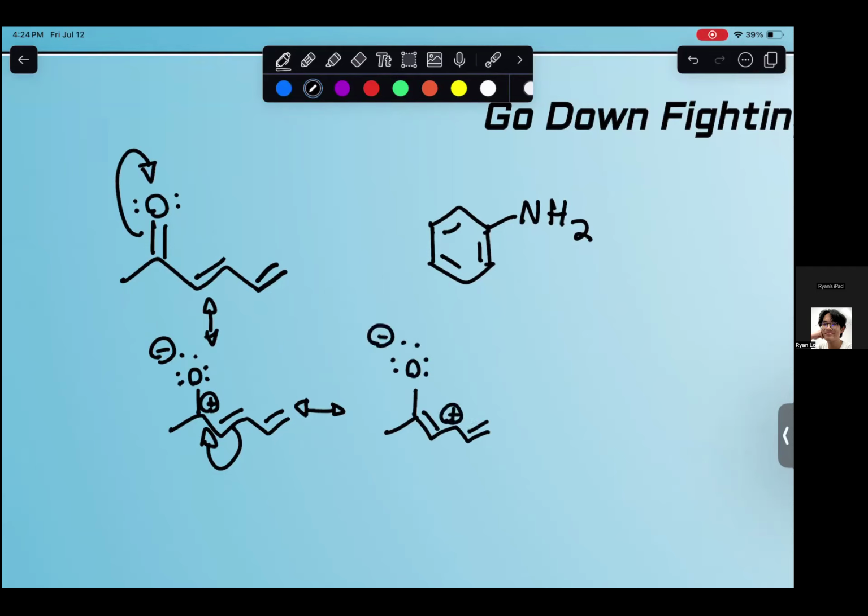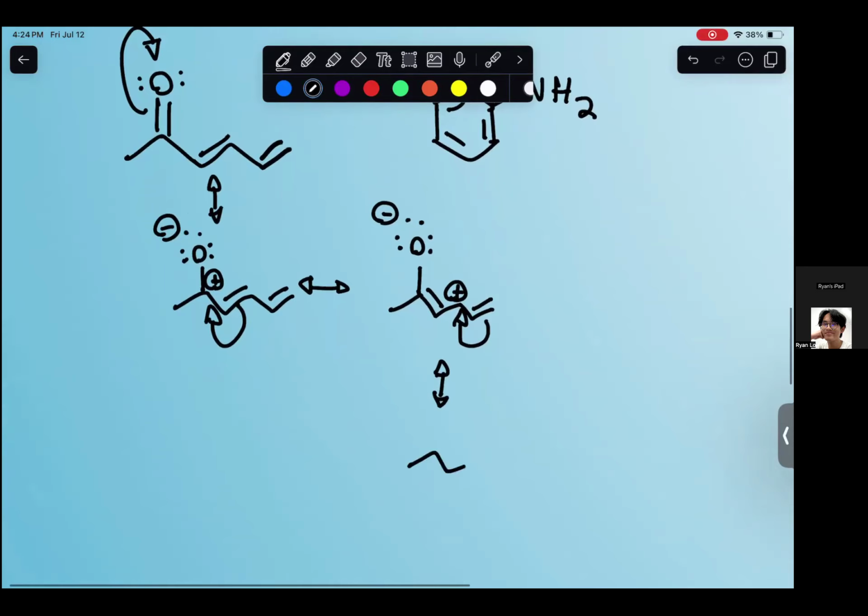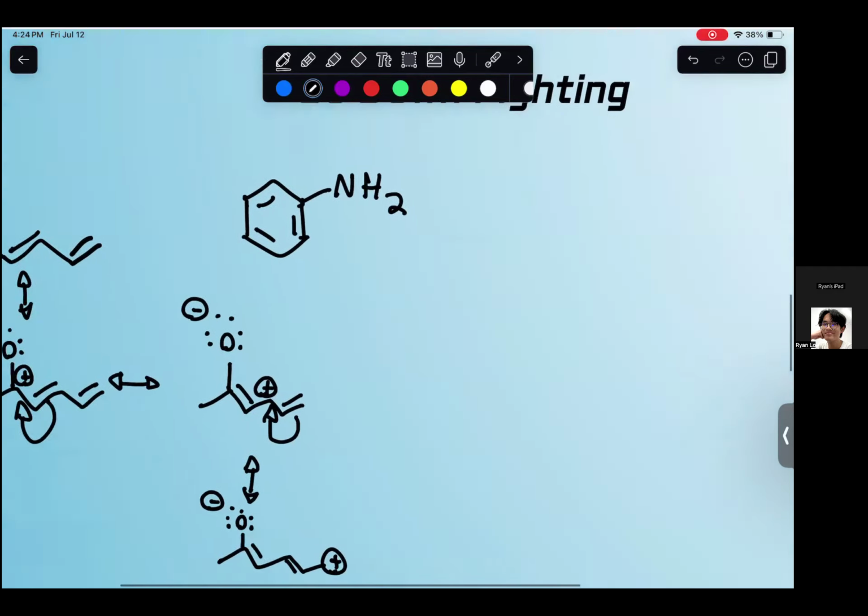Plus charge right here moves onto here, and then the last structure should be this. Plus charge right there.